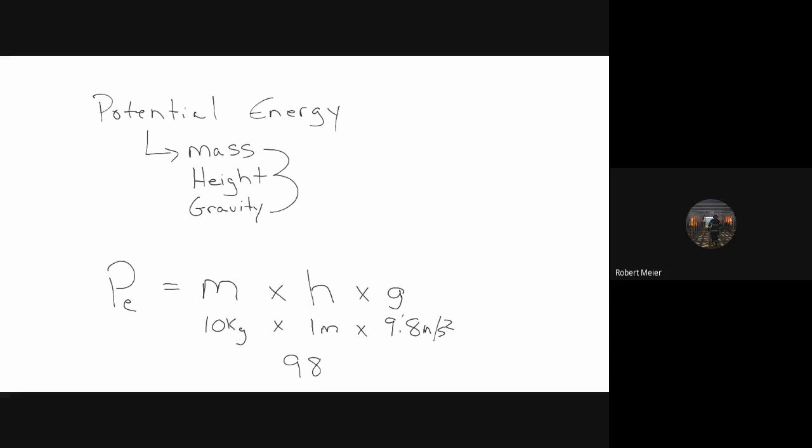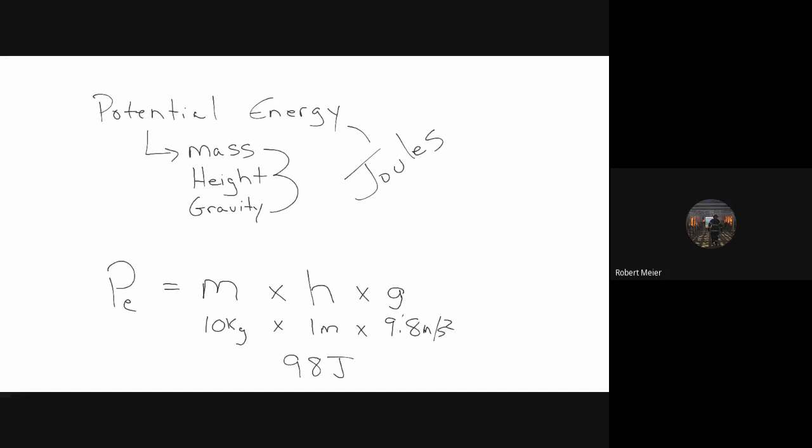Well, energy is always given in joules. So you have 98 joules of energy. So when it hits your foot, if I let go of it and it drops and hits your foot, it's going to hit with a force of 98 joules, or it has the energy of 98 joules. That's what potential energy is.